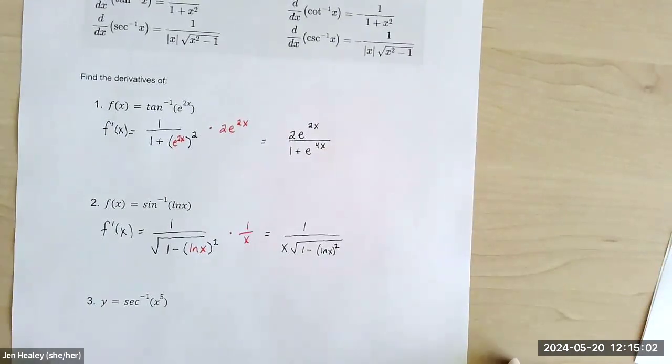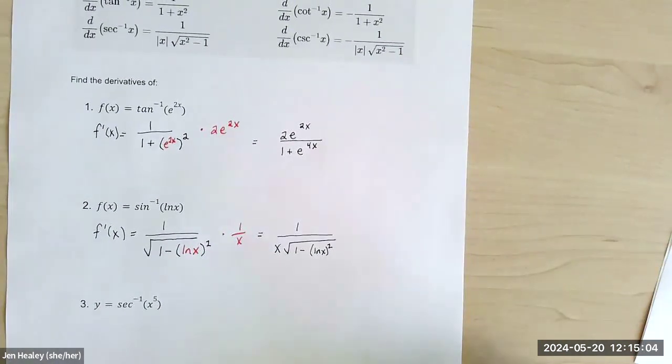I have a couple in here with the secant because the secant formula looks scary because it's got the absolute value thing in there. It's not really that bad. We just keep the absolute value brackets in there if they matter.